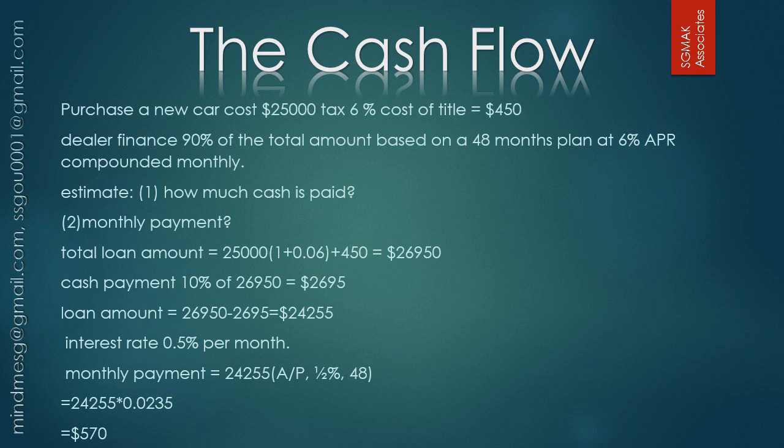And the second problem was a simple cash flow. This is how a typical loan is paid. You make some down payment, the remaining you borrow from a bank, and then you have a repayment plan. So both are applied, and hopefully you find these two problems useful. Thank you.